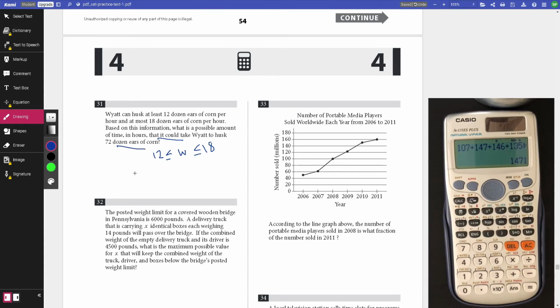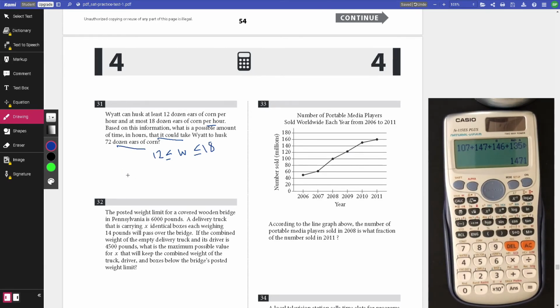So it's per hour. So we can have 12, W, which is hours.